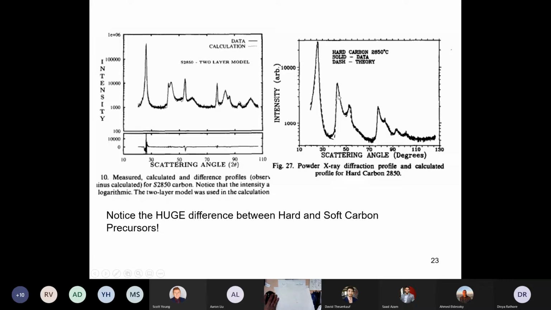And the model would predict that virtually all the adjacent layers are still in turbostratic misalignment. And now we've moved to a logarithmic vertical scale because there are more parallel stacked layers, but it's nowhere near as sharp as the soft carbon precursor.